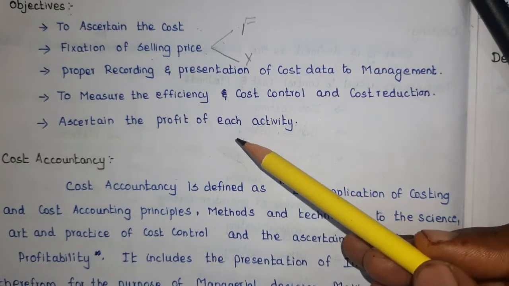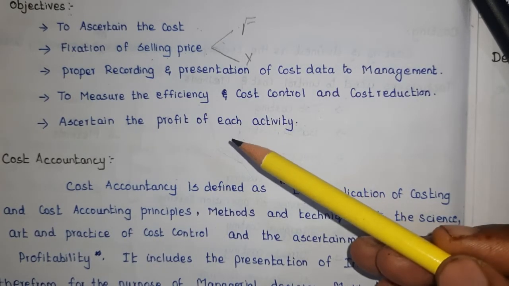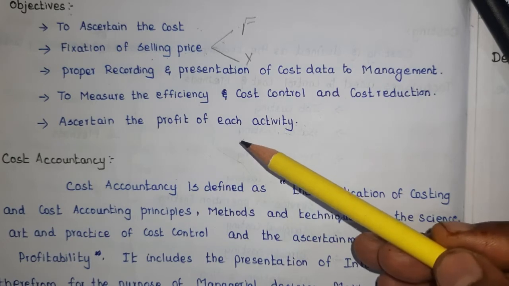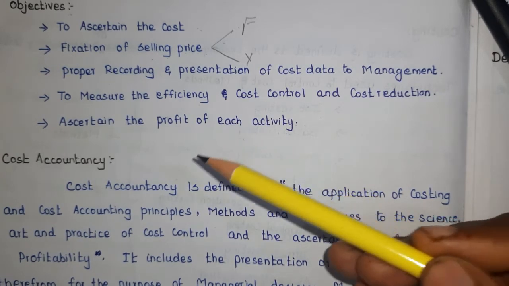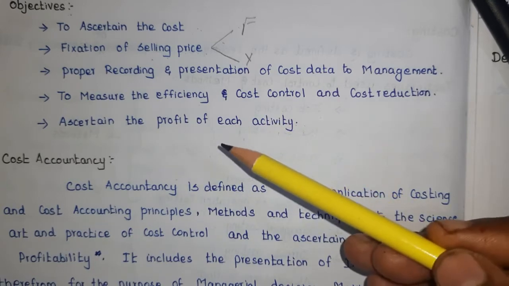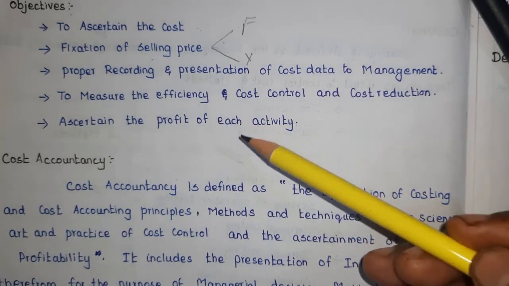The financial statements prepared under financial accounting, generally once a year or half year, are spaced too far apart in time to meet the needs of the management.